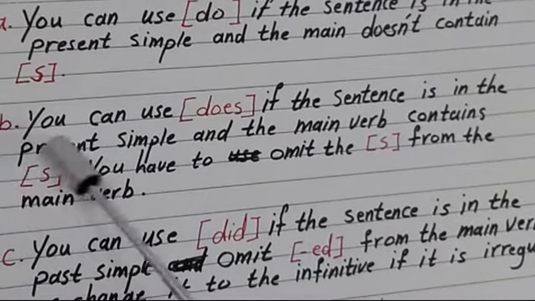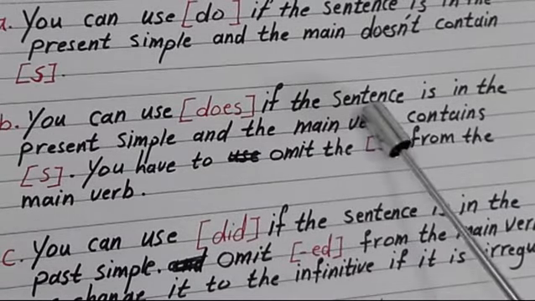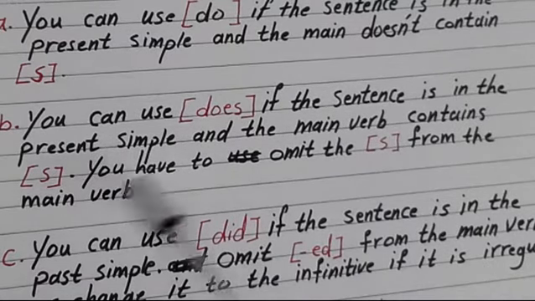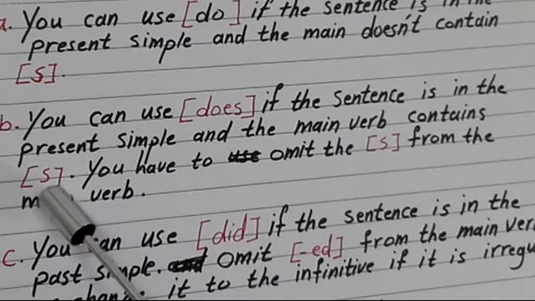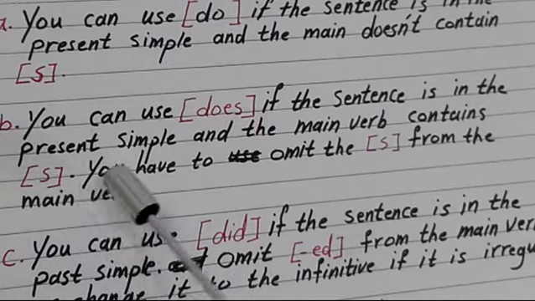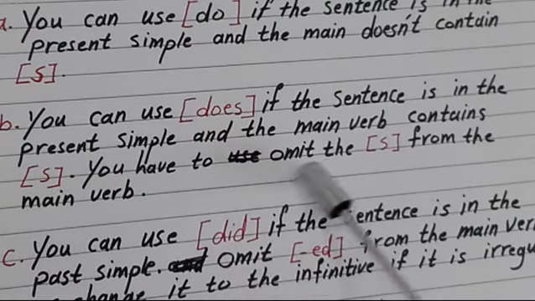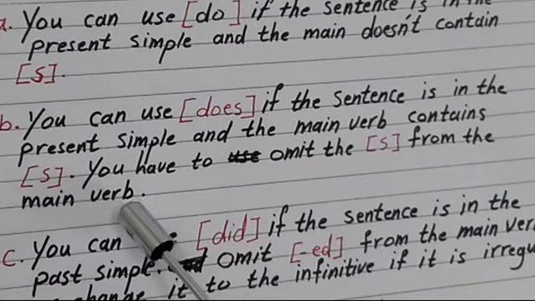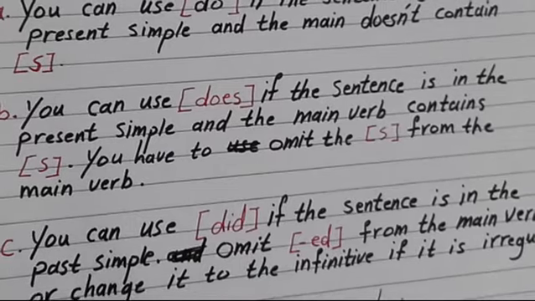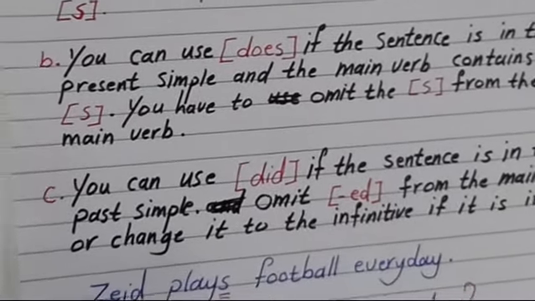B. You can use does if the sentence is in the present simple and the main verb contains S، والفعل الرئيسي يحتوي على S، I mean the third person singular S. You have، يتوجب عليك to omit، أن تحذف the S from the main verb. Of course you have to pay attention to the rules of spelling، يجب عليك أن تعير انتباه إلى قواعد الإملاء، قواعد الإضافة والحذف للS.